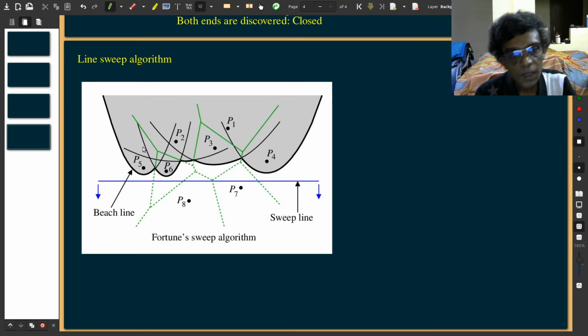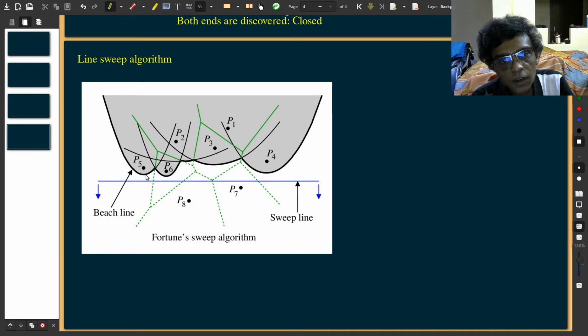Think of any particular position of the sweep line, and take any site like P5. Now, if I consider all points equidistant from P5 and this sweep line, I will have a parabola. This is the focus, this is the directrix.